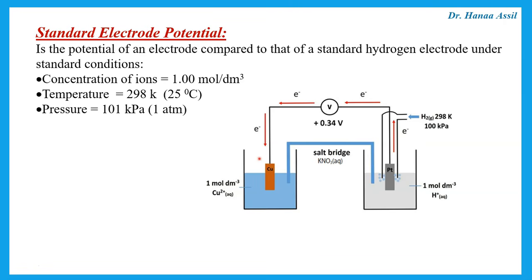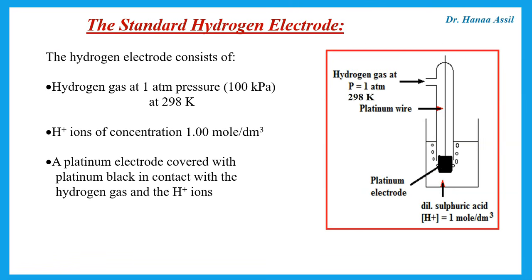These are obtained using solutions that have a concentration of 1 mole per decimeter cubed. It is measured at 298 Kelvin or 25 degrees Celsius, and at a pressure of 1 atmosphere, which is 100 kilopascal or 101 kilopascal. So all electrode potentials are measured in reference to the standard hydrogen electrode.